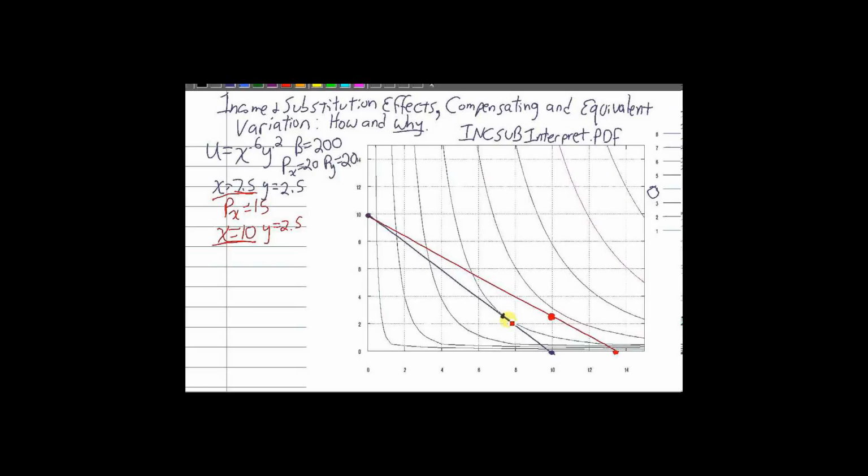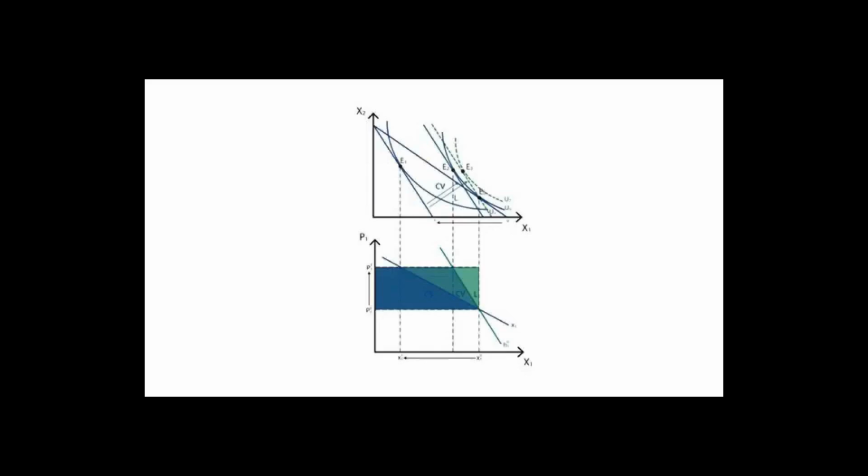where W is the wealth level, P0 and P1 are the old and new prices respectively, and U0 and U1 are the old and new utility levels respectively.